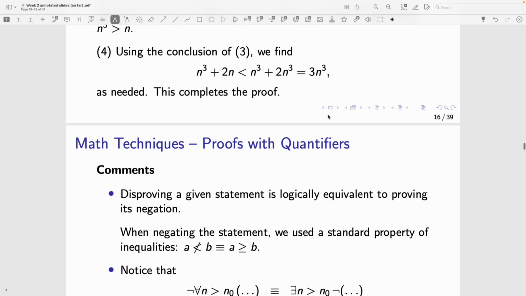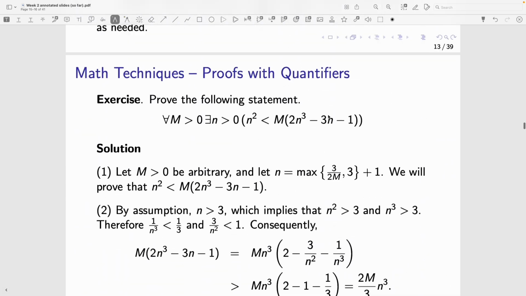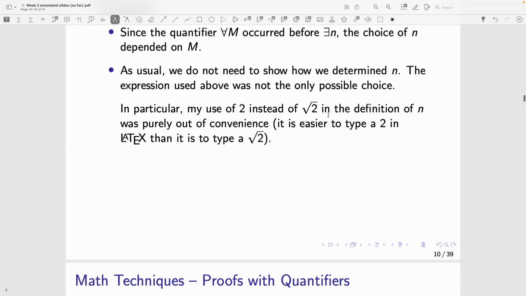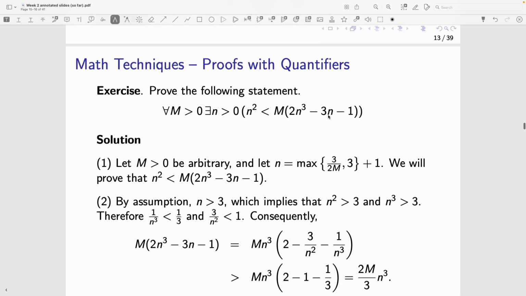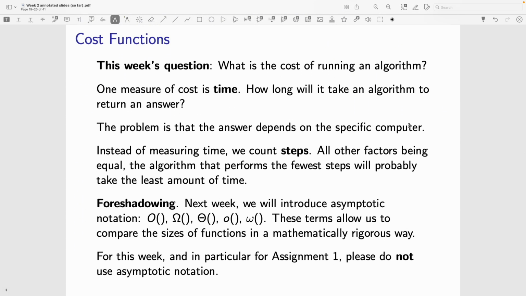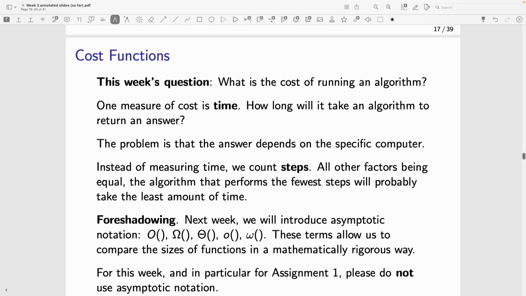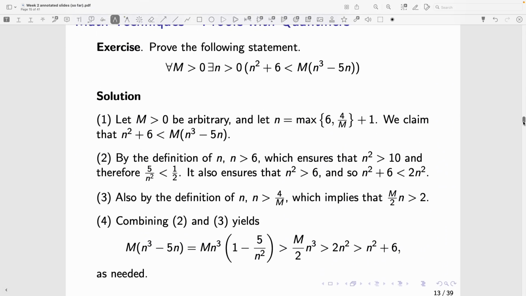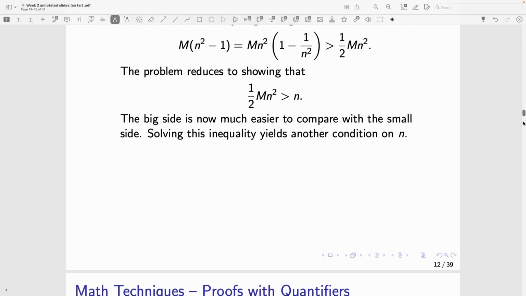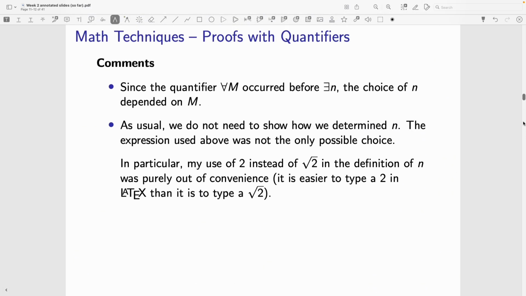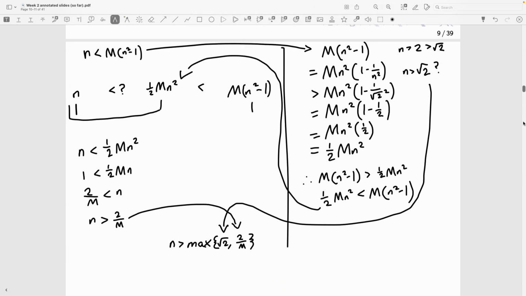Now that we've got those more urgent things out of the way, let's go back to quantifiers. Where even was I? Oh, there we are.